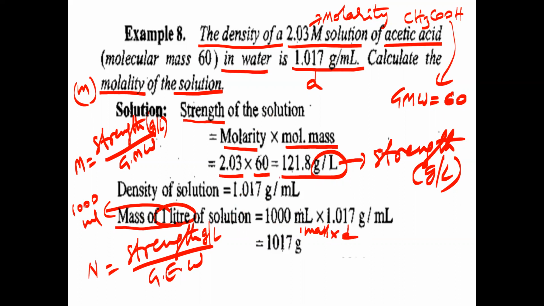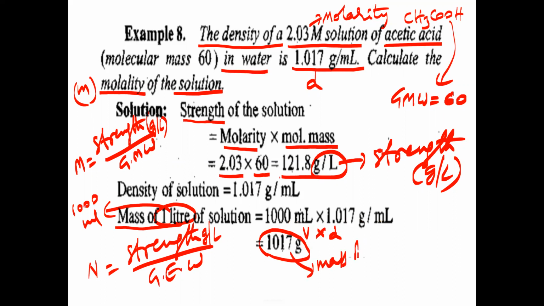Mass is volume into density. Volume is 1000 ml, and density is 1.017 grams per ml. So we get the mass of 1 liter of solution, 1017 grams.